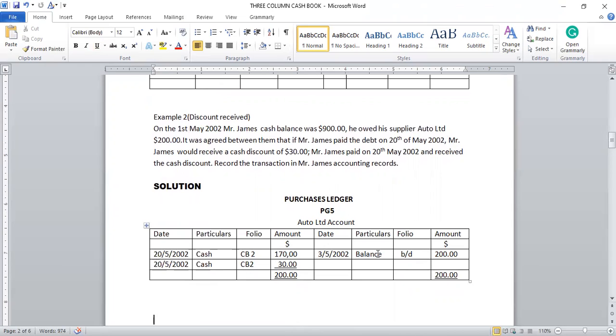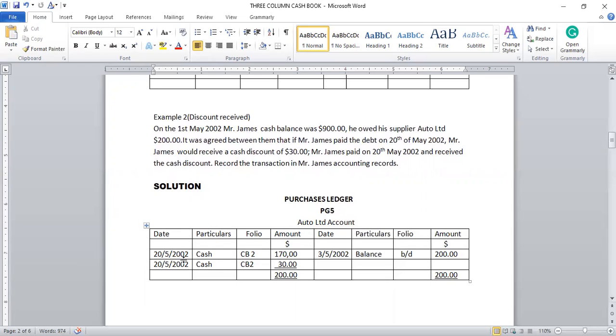This is the balance brought down, showing the debt that Mr. James was owing. 1st May 2002, particulars, balance, folio, b/d, meaning balance brought down, $200, showing the amount that he was owing. Then the payment, you have to debit Auto Limited account in order to cancel the debt.